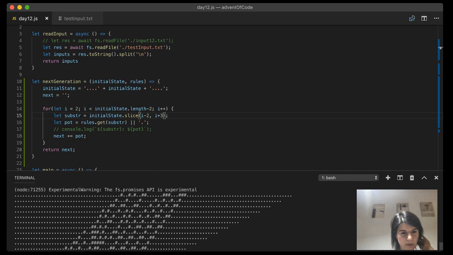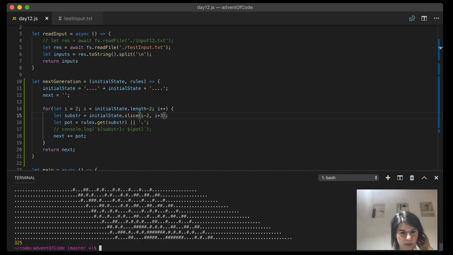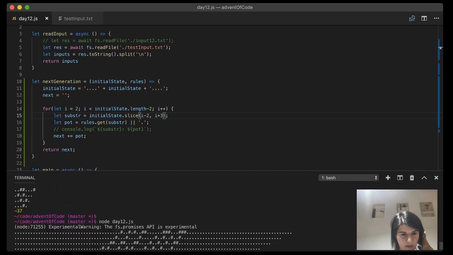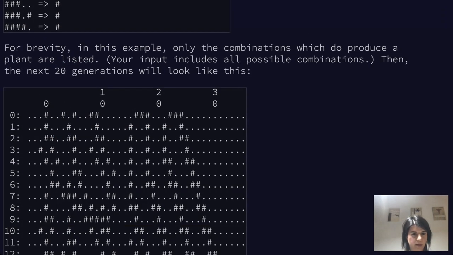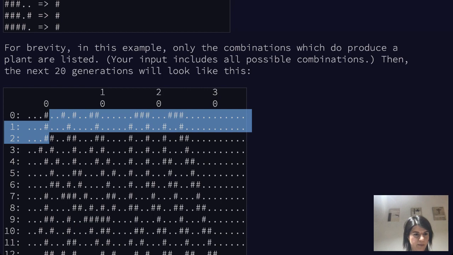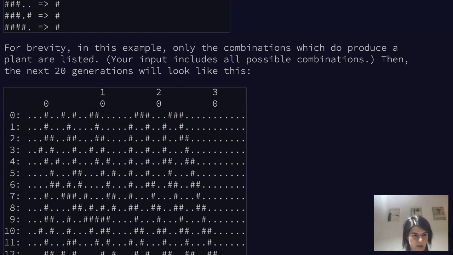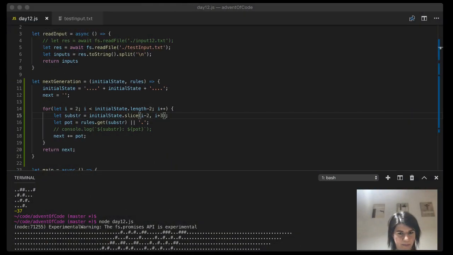Oh, interesting, I get fewer and then I get more. 1, 2, 3, 4, 5, 6. I'm getting my 7, but they're shifting now, so let me look in the solution. These two should line up for the first 3 generations. Okay, let's fix that. I feel like we're getting somewhere though.